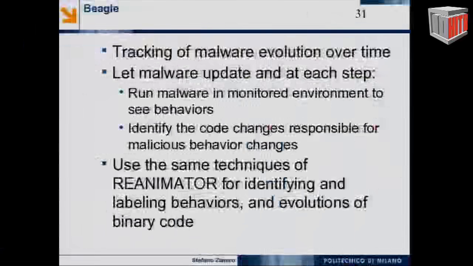Then, we studied a slightly different take on this problem: the problem of tracking malware evolution over time. As we all know, one of the reasons why the malware problem is so difficult to solve is that, as I said at the beginning of my talk, malware authors are constantly updating their code.